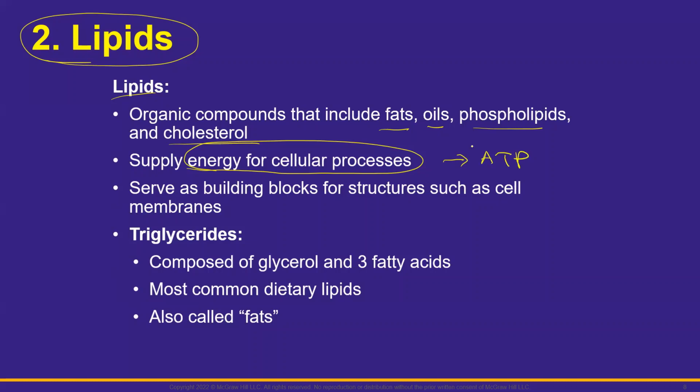Okay, but it has to be converted into glucose. Some of them serve as building block structures, such as for the cell membrane. Remember, the cell membrane consists of two layers of phospholipid.